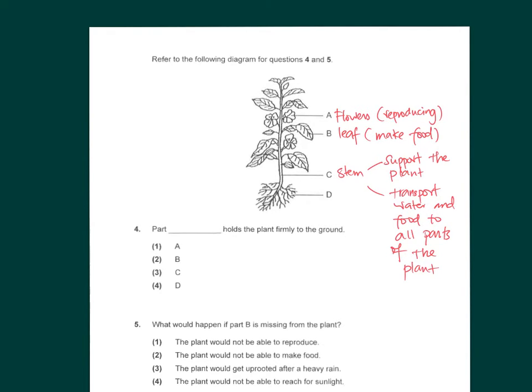Lastly, D, we have the roots, and this absorbs water for the plant from the soil, as well as it also holds the plant firmly to the ground. So in this case, for option 4, the obvious answer will be part D, the roots.